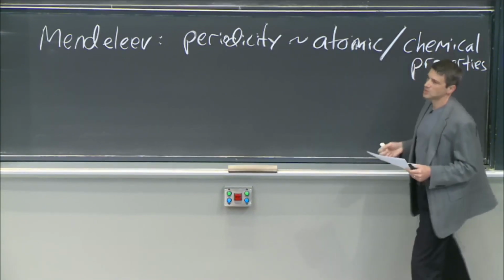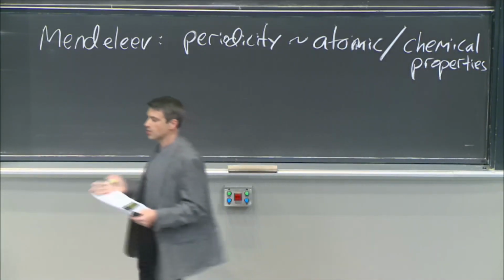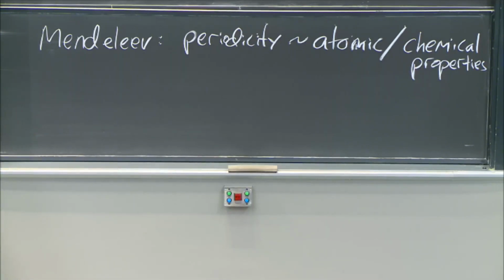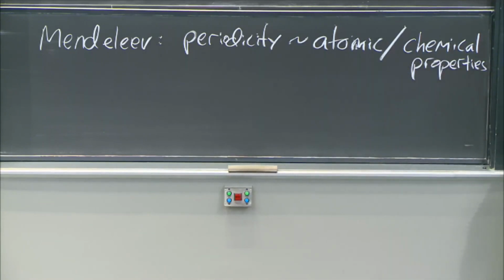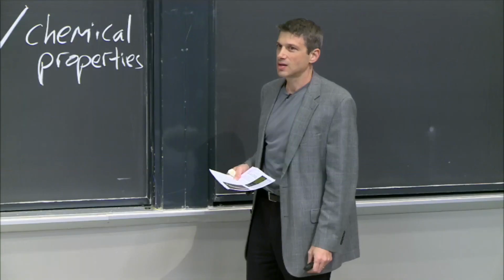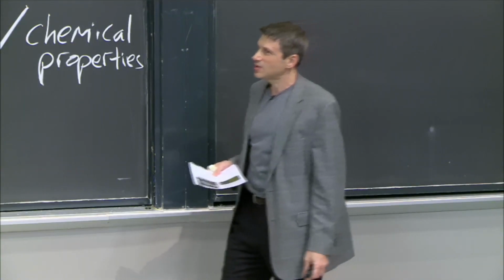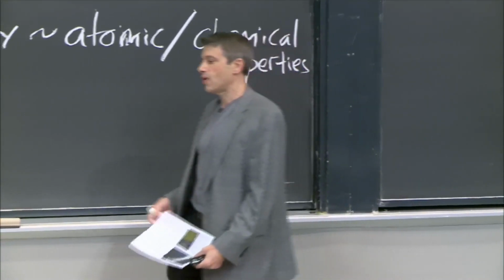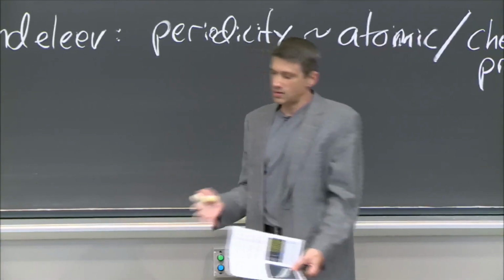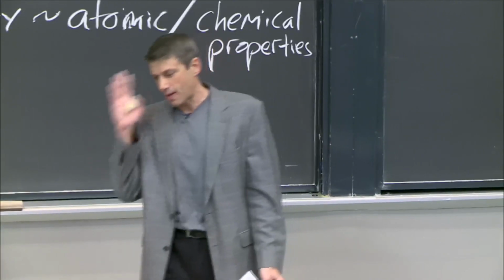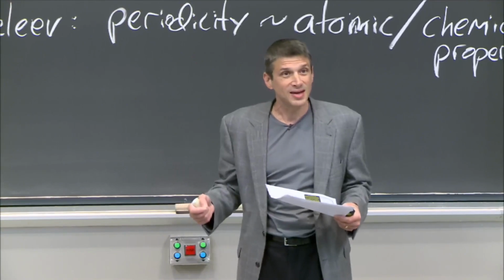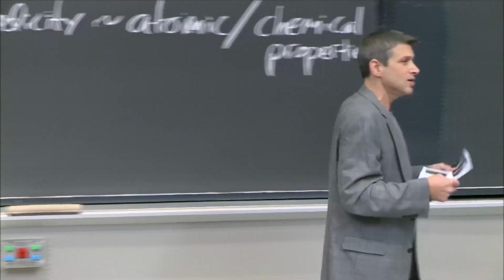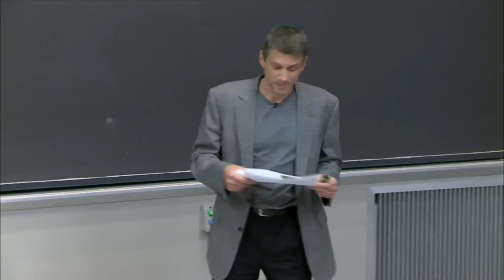That allowed him to create an ordering of the elements, essentially the ordering that we have today. But the problem is, why did they have that ordering? I didn't really tell you why. Sometimes he was like, well, maybe the mass. Well, no, properties win. Properties need to be aligned in this column, so I'm going to move those over. That's what he did. But he didn't know why, except that it made sense to him.